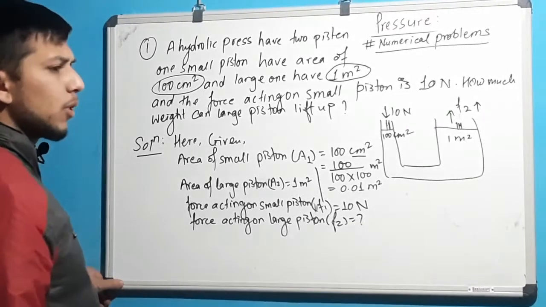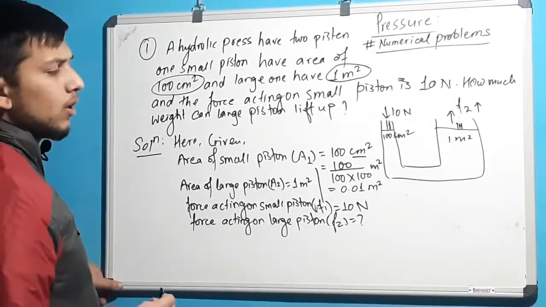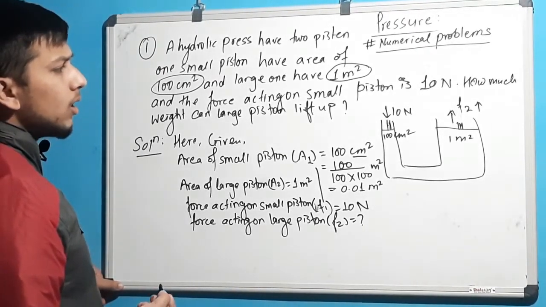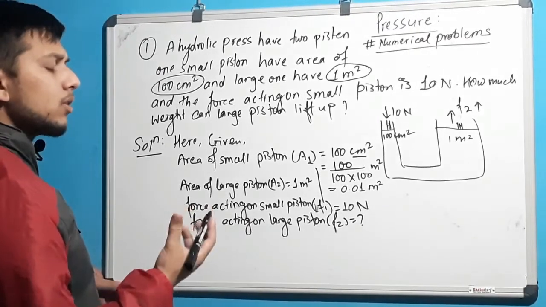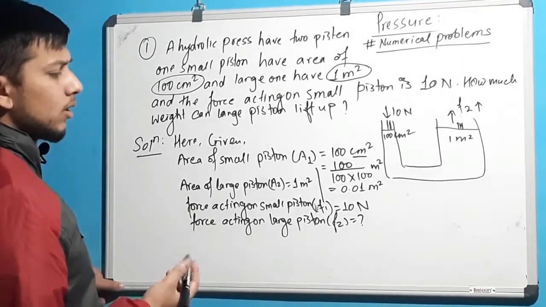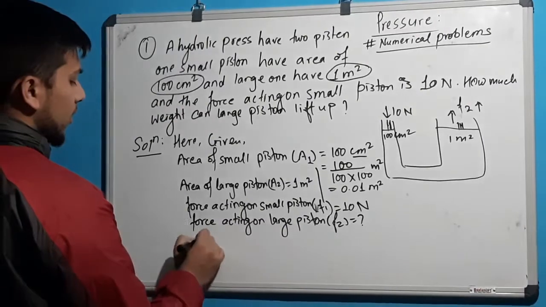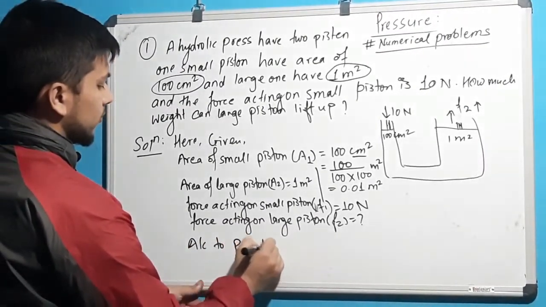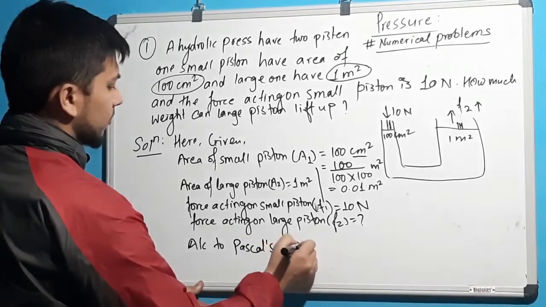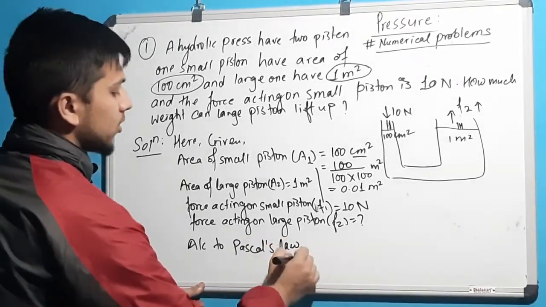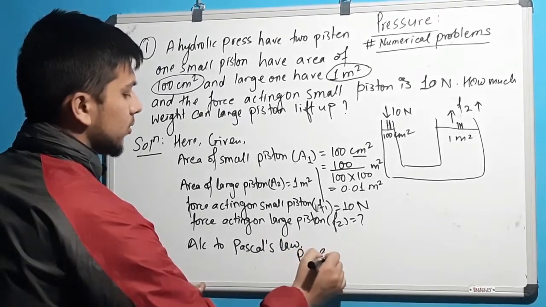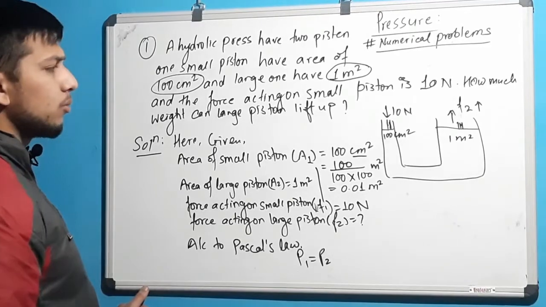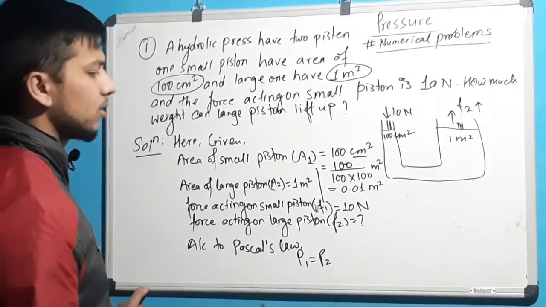And you should memorize again Pascal's law. According to Pascal's law, the pressure is transmitted equally. के भन्छ त P1 equal to P2. P1 means pressure on the small piston and P2 means pressure on the large piston.